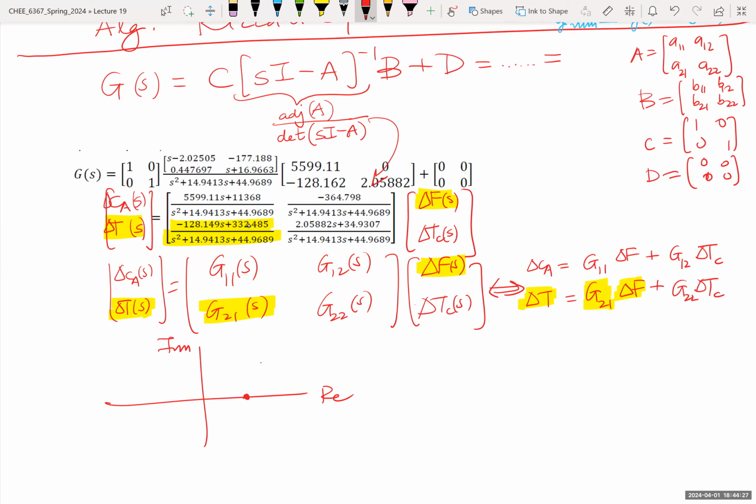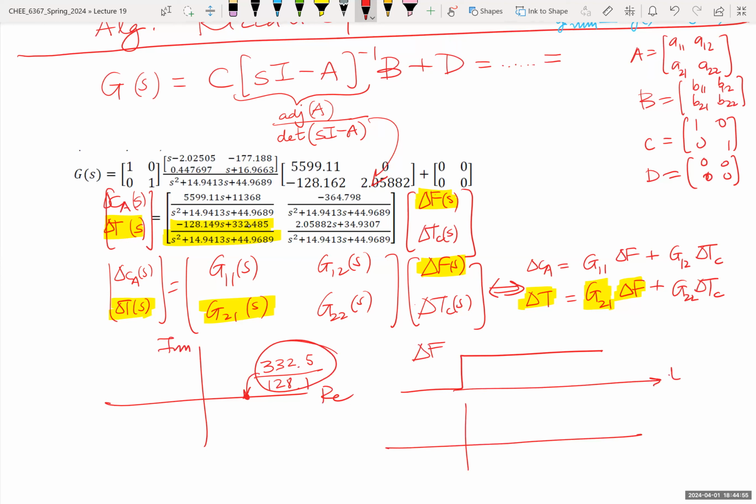It's at 332.5 divided by 128.1. Because this transfer function has a right half plane zero, we know that it has what we call inverse response, namely, if we change delta F here, the output delta T is going to evolve how?